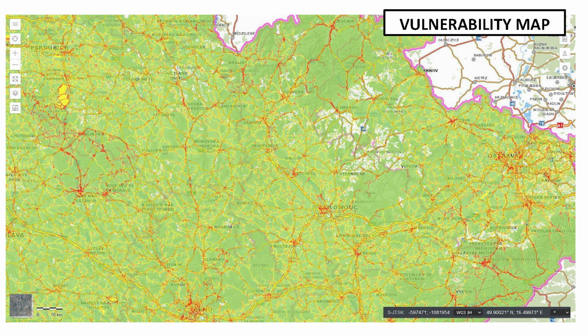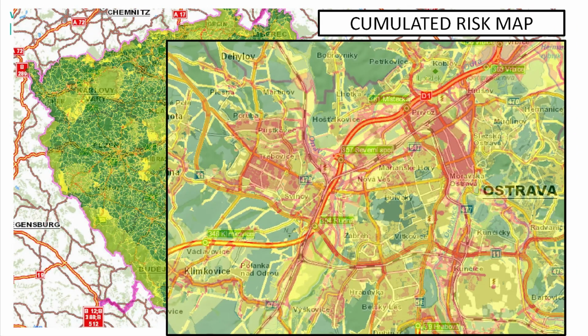We have red, yellow, and green colors: red is the higher vulnerability, yellow is the middle vulnerability, and green is the low vulnerability. When you put the hazard map and vulnerability map together, we have the cumulative risk map.